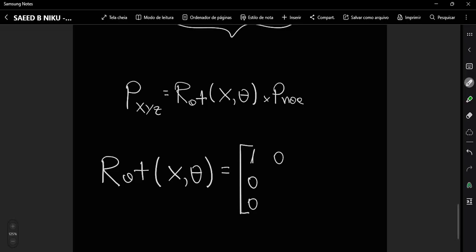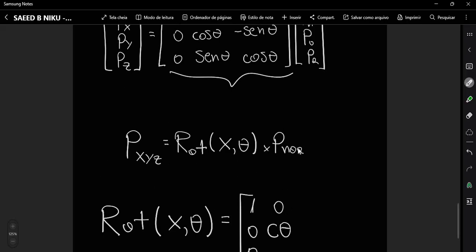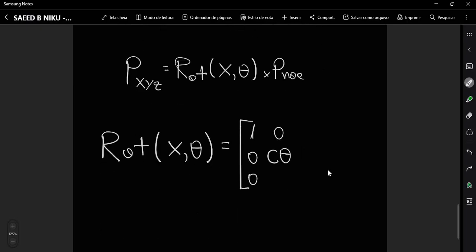And right here on this notation, we do not need to write cosine completely. We just need to write C and theta. And for the sine is the same. We just need to write S and theta.